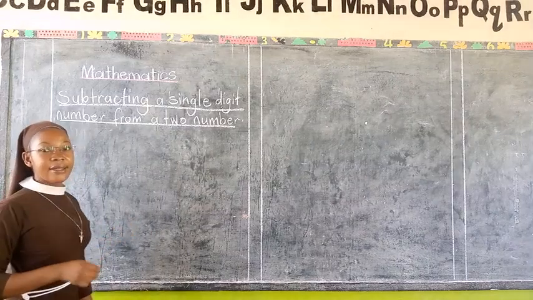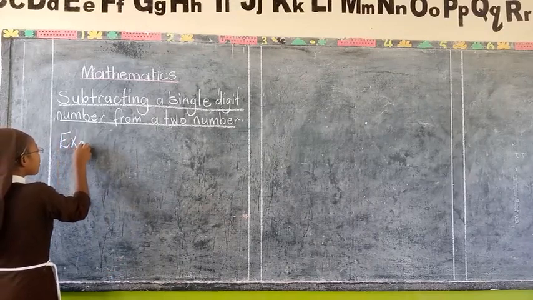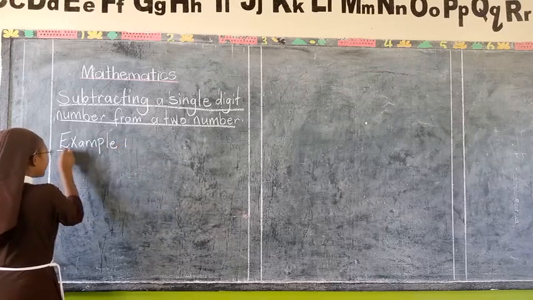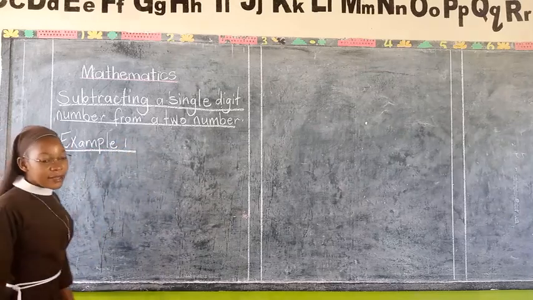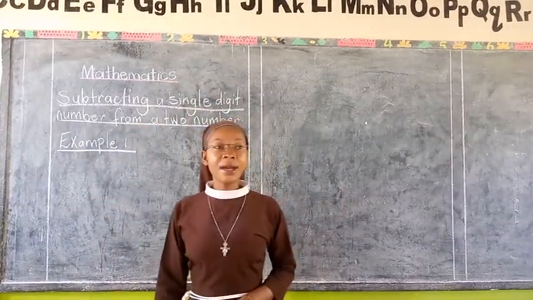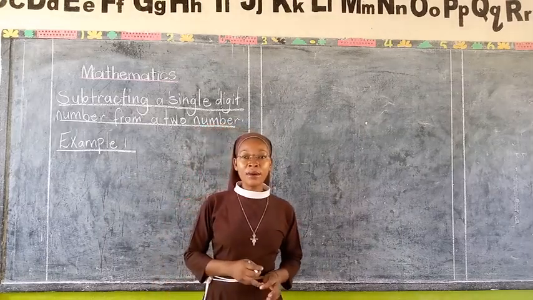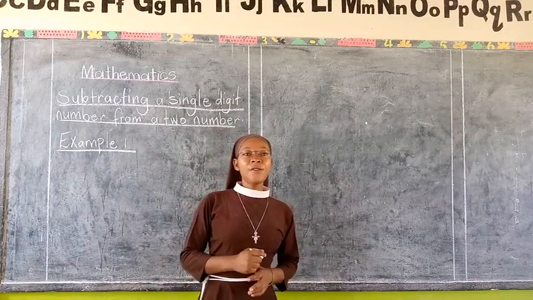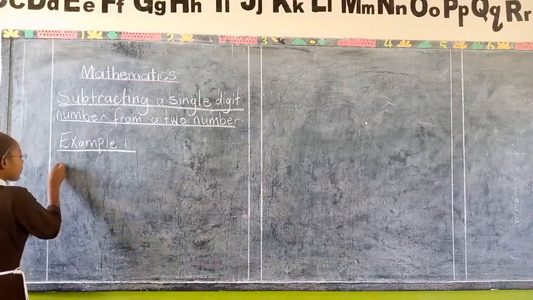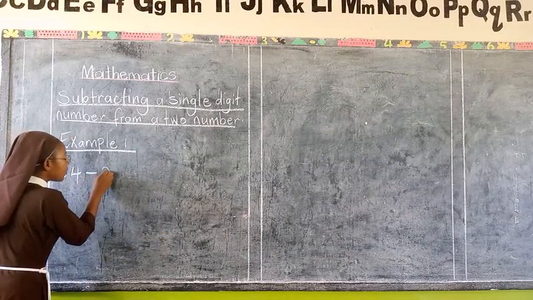We shall have our example number 1. Example 1. In our example number 1, we are going to get a two-digit number and we take away a single-digit number. For example, let's say 54 take away 2.